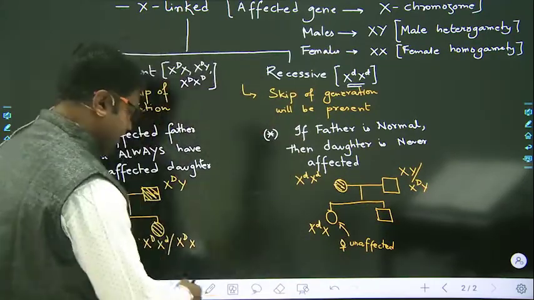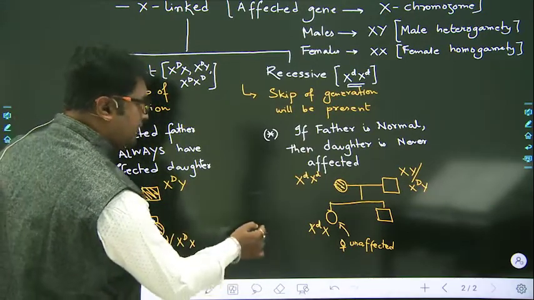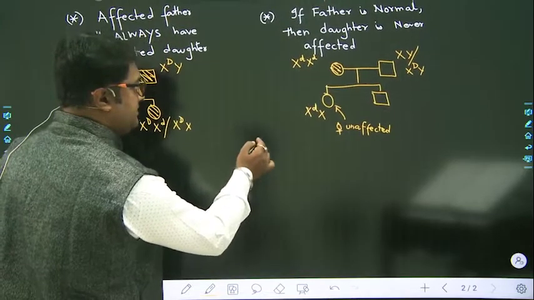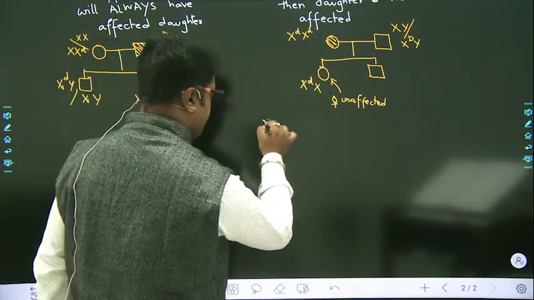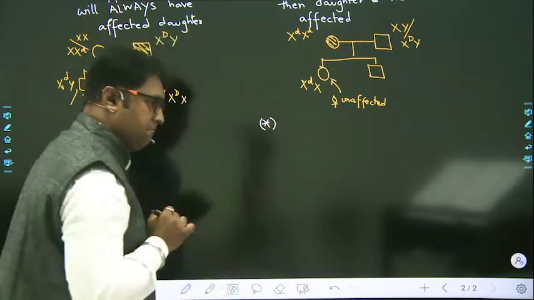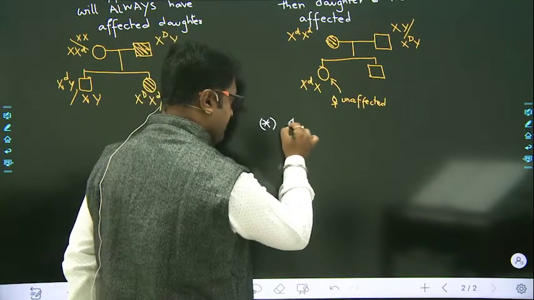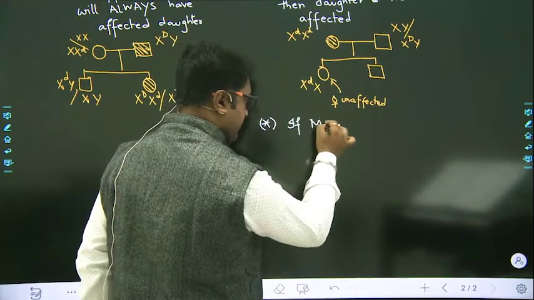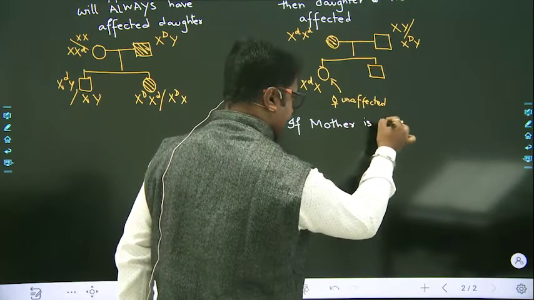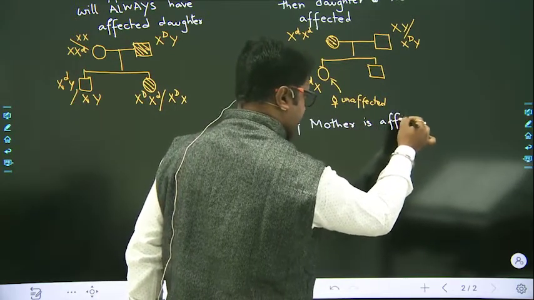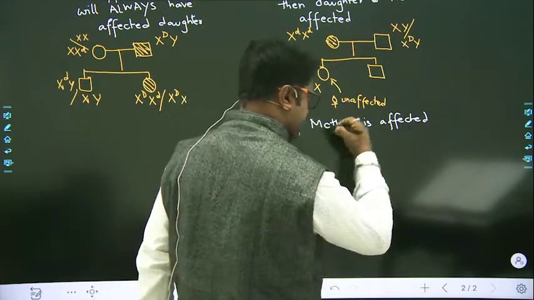Clear? Getting back to the next topic, we will be taking the next example right now. Now, if the mother is affected, then here also we will be finding a crisscross transmission of the affected gene.